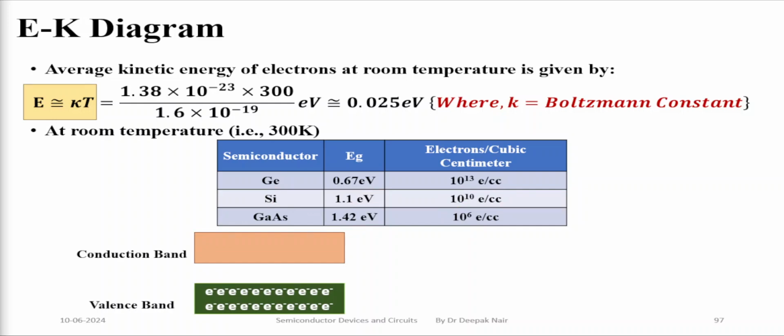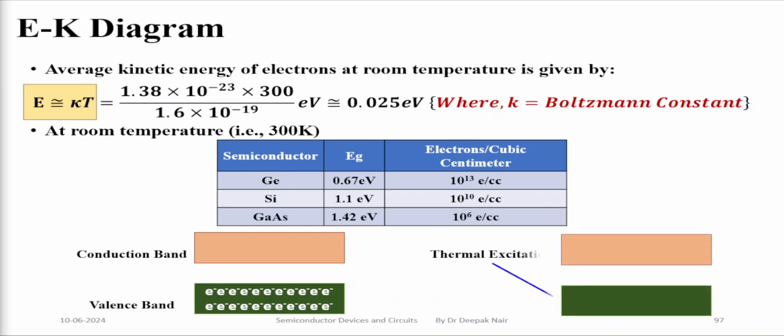Here we can simplify: the valence band is full of electrons, and the conduction band is generally totally empty. If we provide external energy, these electrons move from the valence band to the conduction band, and when they move, they leave behind a vacant space, and that vacant space is called a hole.